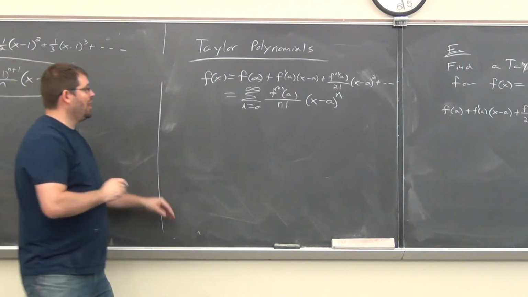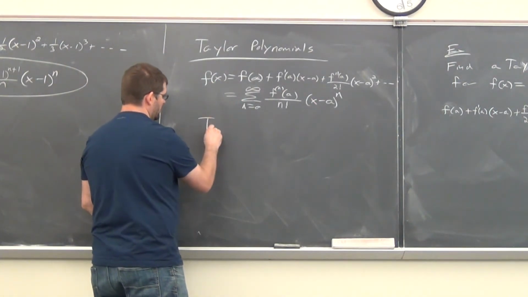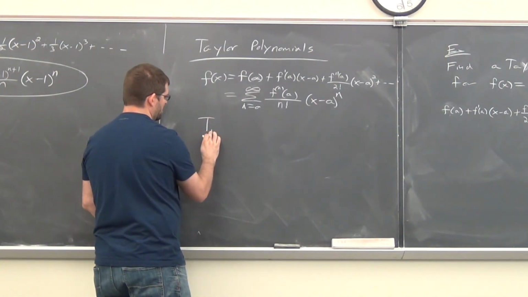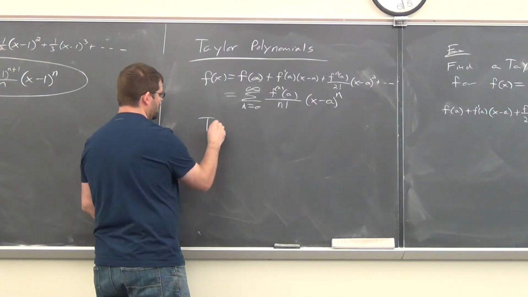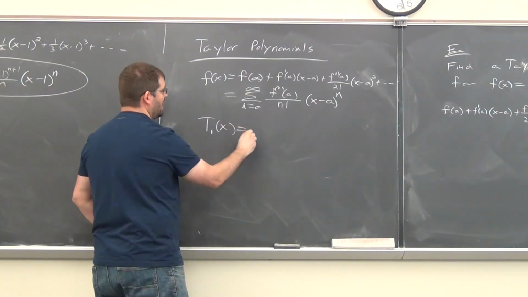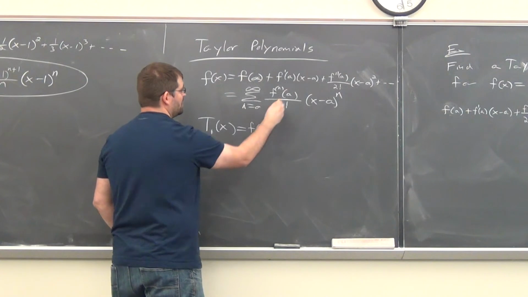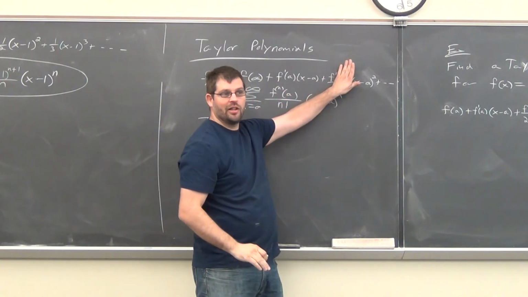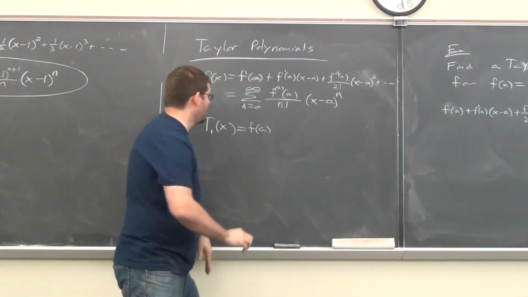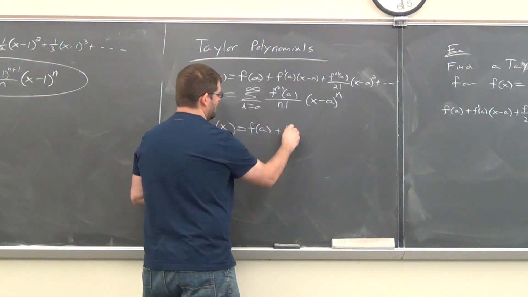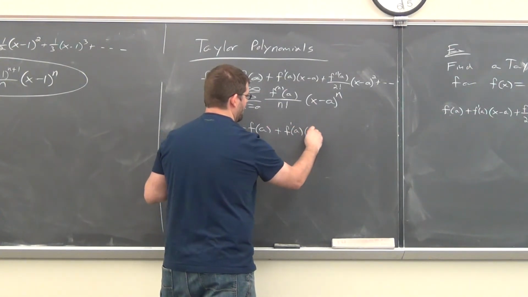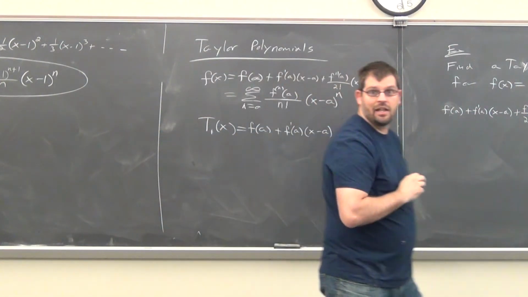So the Taylor polynomials, let's start with T1. The first Taylor polynomial is just take the first degree polynomial and drop off the rest of it. So it's f of a plus f prime of a times x minus a.